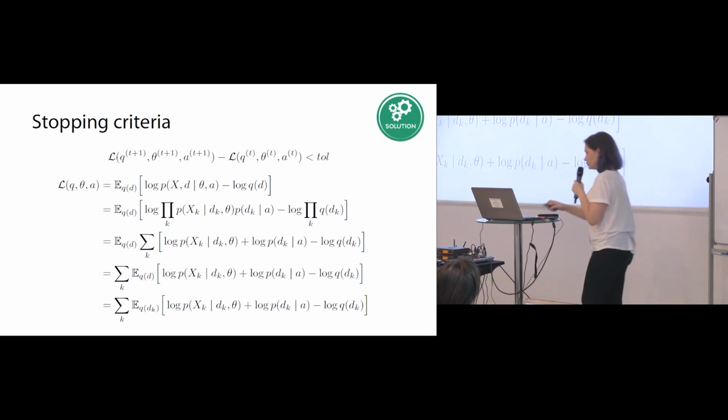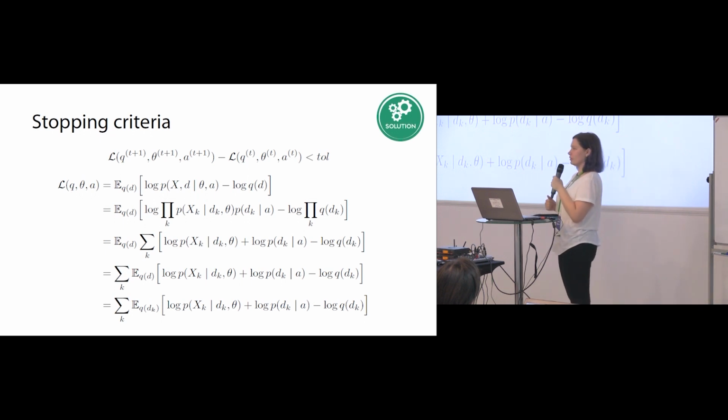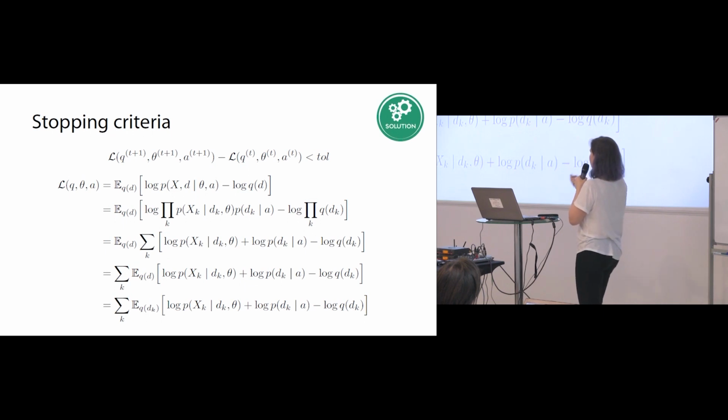So when you program your EM algorithm, you compute the value of L on each iteration, and you remember the value of L from the previous iteration. And you simply compute the difference between them. And if it's smaller than some small number, then you should stop.